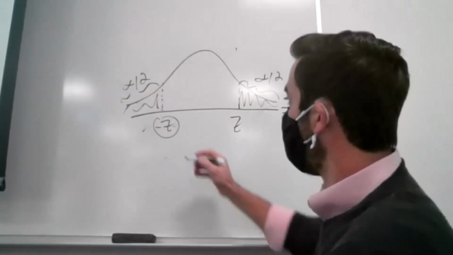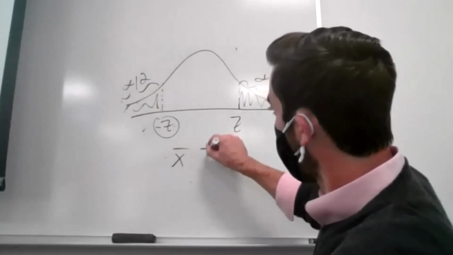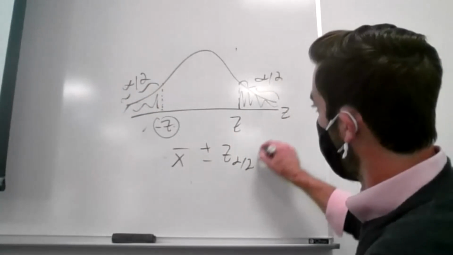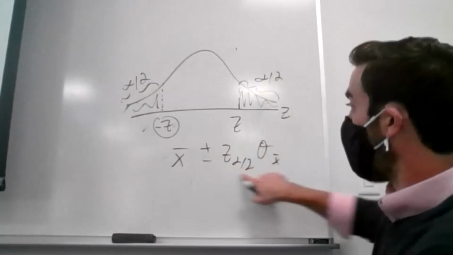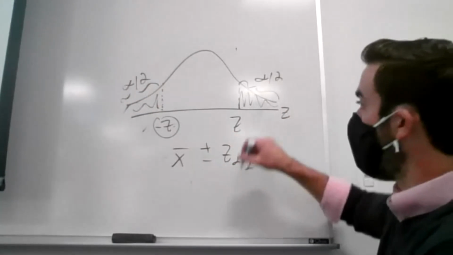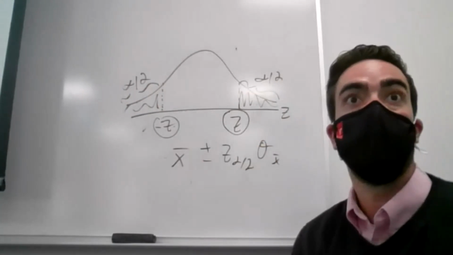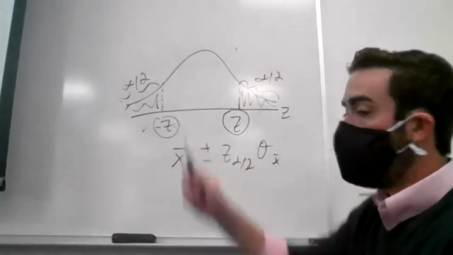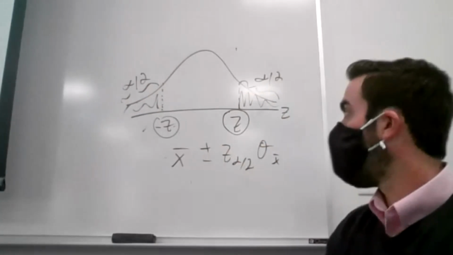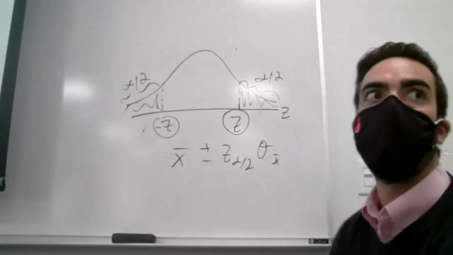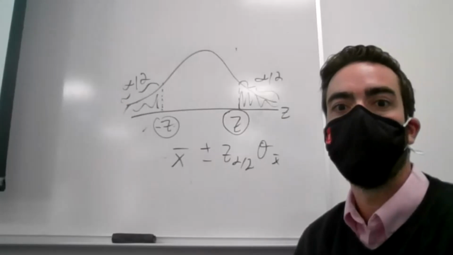So that's why we subtract this to get the lower bound, but then we add that positive value of the z-score to get the upper bound. So I can look up alpha over 2. I just have to remember I can ignore that negative sign because it's already built into my confidence interval equation.